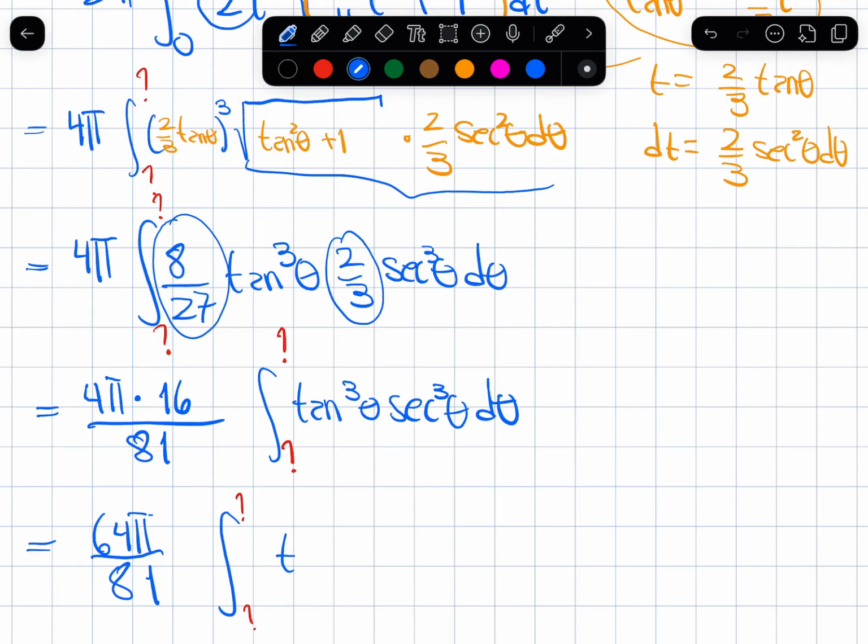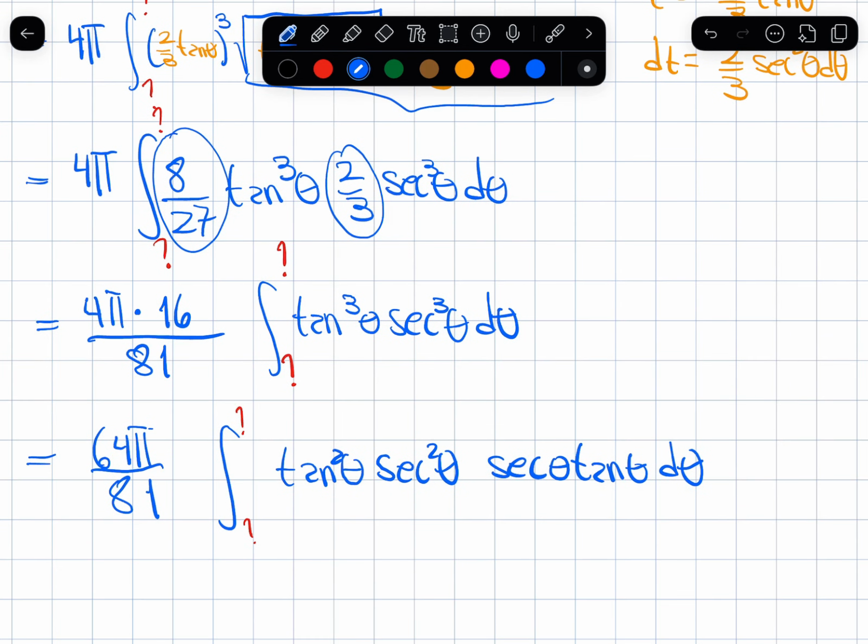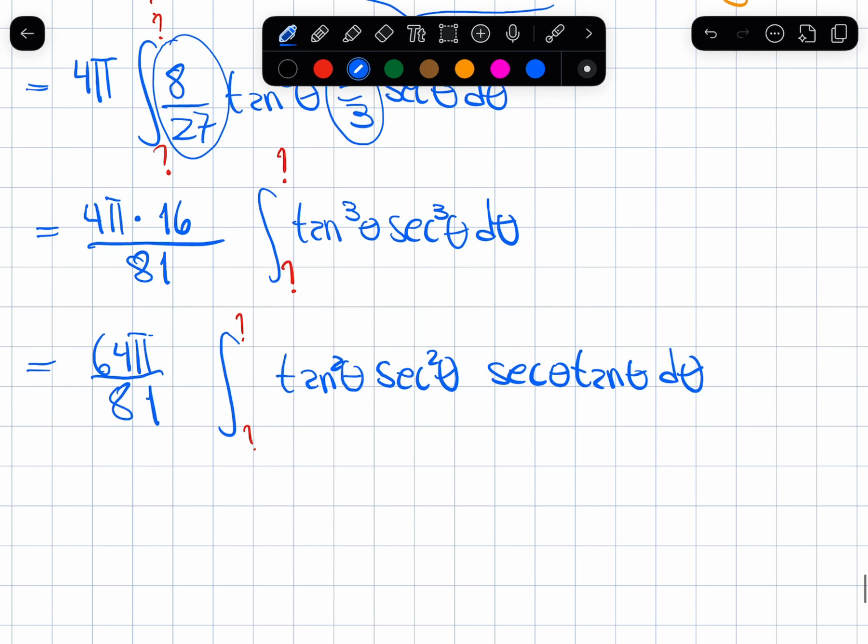I can write as tangent squared theta, secant squared theta, and secant theta, tangent theta, d theta. So this is something that I can do. If I multiply these again, I'll go back to secant cubed. If I multiply these again, I go back to tangent cubed. So it seems like I'm all good right now. And now this is the point where I can make a u sub, right?